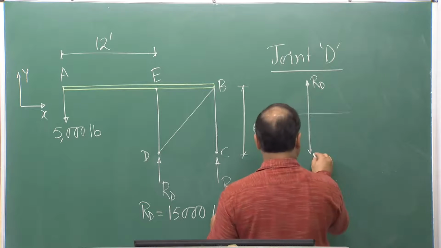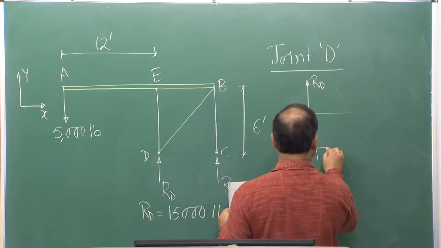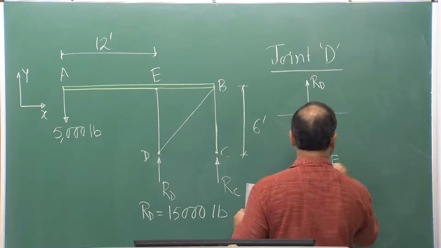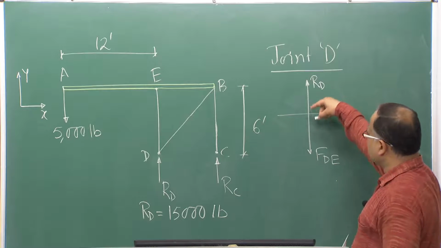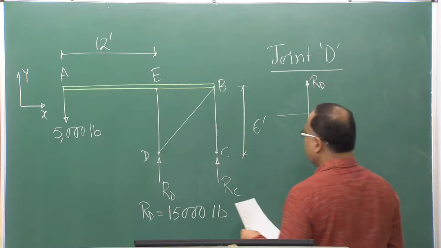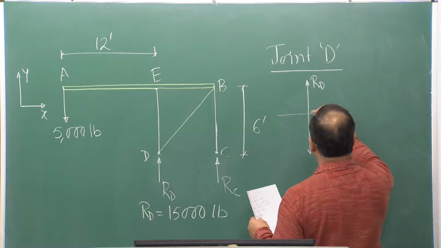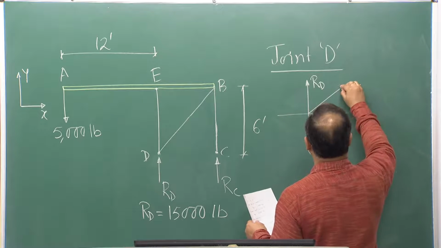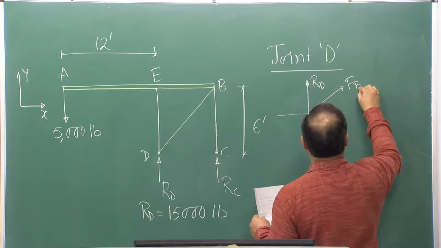Now, I am considering this FDE which is towards the joint, so I am considering FDE as compression, and then FBD.